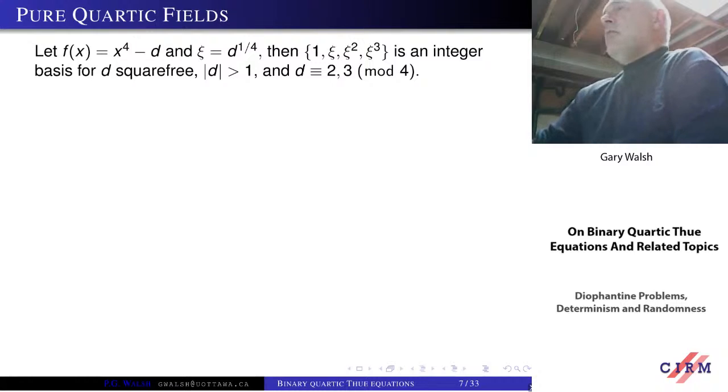So if I look at the field defined by the polynomial x to the 4th minus d, here psi is going to be the root d to the 1/4. Then this, as I showed earlier, because of the trivial solution to the very complicated equation of degree 6, we get that this is an integral basis precisely for d bigger than 1 in absolute value and d congruent to 2 or 3 mod 4.